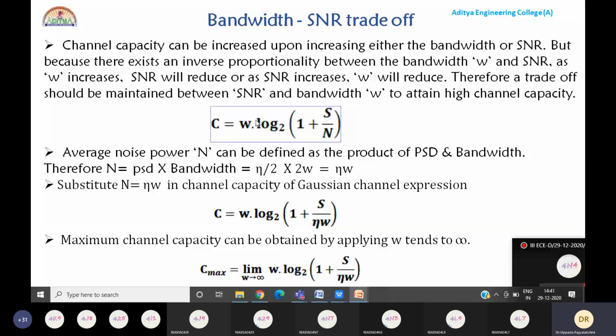Okay, but omega, that is the bandwidth, and SNR are inversely proportional. So to increase channel capacity, we can increase either omega or SNR. But once omega is increased, SNR will reduce. There exists an inverse proportionality between omega and SNR.